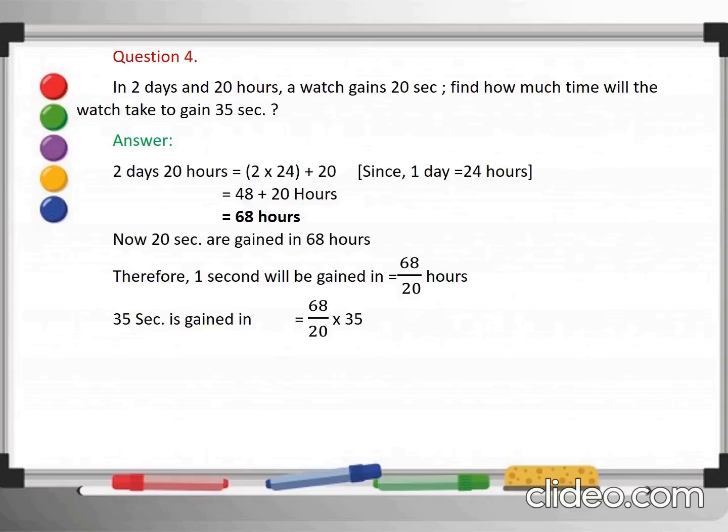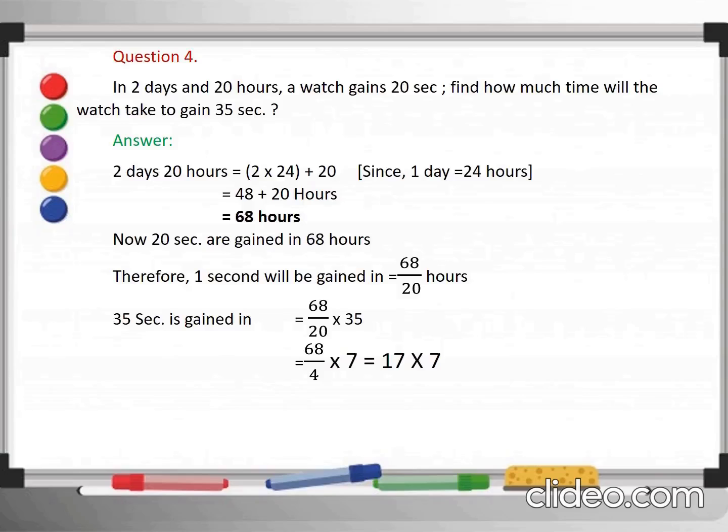Now we can reduce 35 and 20 by 5 table. So 5 sevens are 35, 5 fours are 20. Then we'll have 68 upon 4 into 7. Further we can divide 68 and 4 by 4 table.